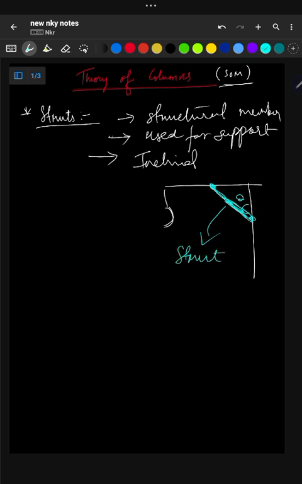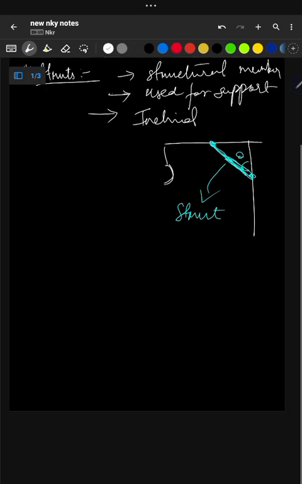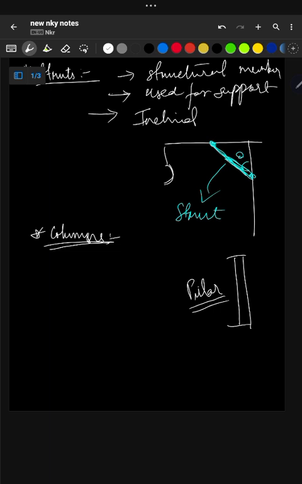Now after that, we'll talk about columns. So what is a column? Columns are structural members. When we make the strut vertical, not in an inclined position, it is known as a column, or we can say a pillar.